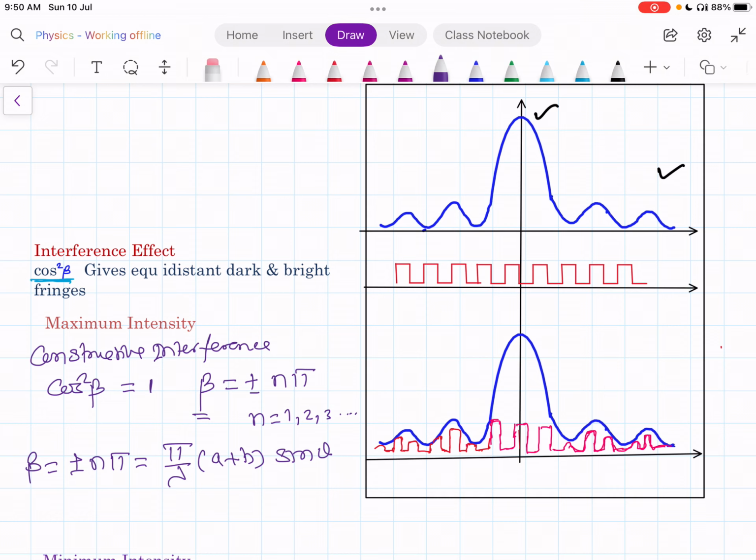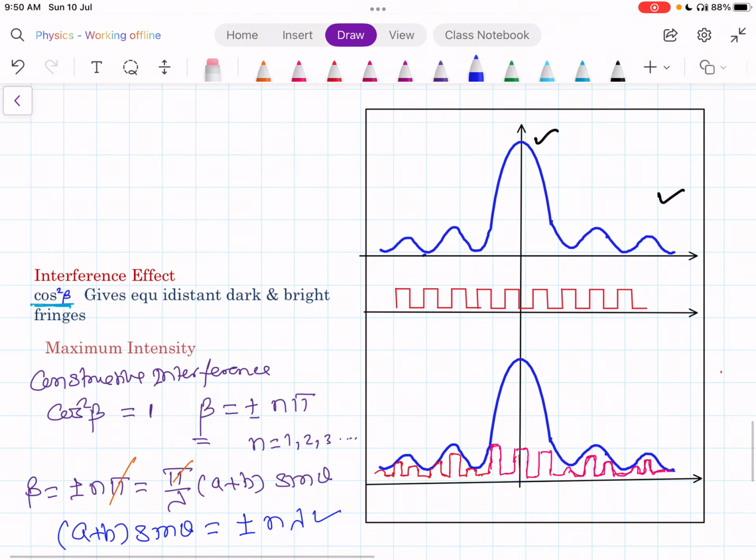This pi cancels with this pi, and what we get is a plus b sine theta is equal to plus minus n lambda. So this is the condition for constructive interference, that is, the maximum intensity.